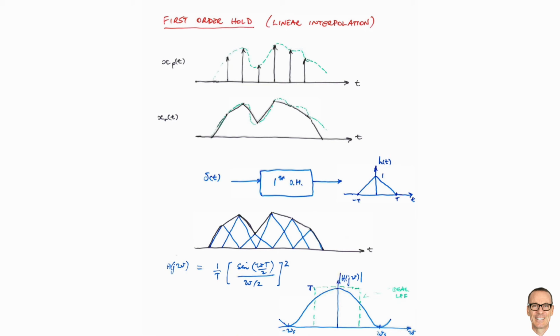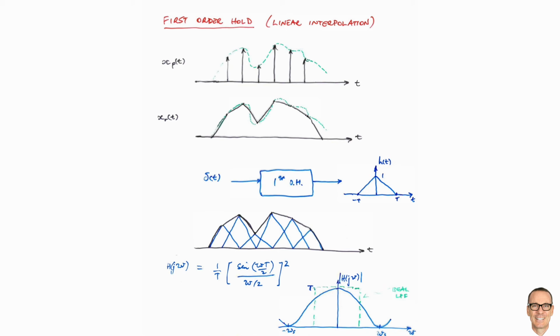And the way you do that is, as shown in the blue diagram there, the filter has an impulse response which is the triangle. So the impulse response of a triangle, which starts at minus capital T, rises up to a maximum at 0 and then dies down to 0 again at capital T.